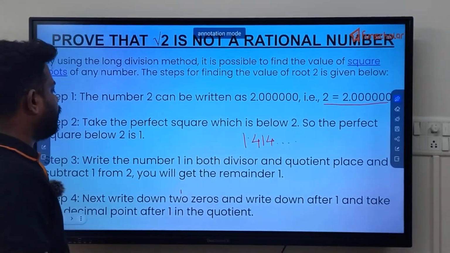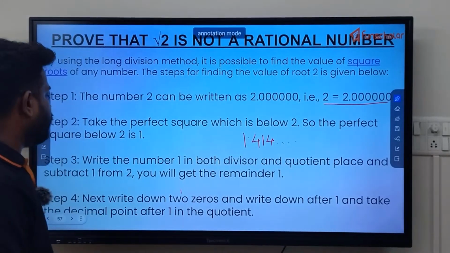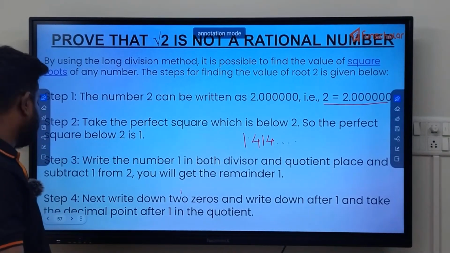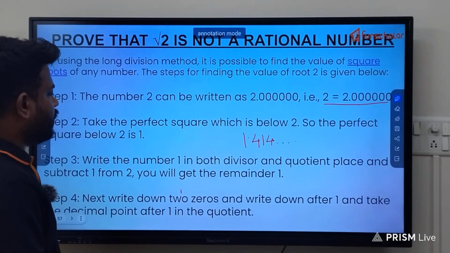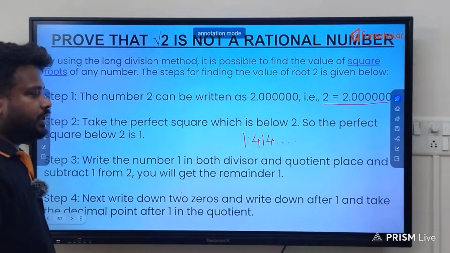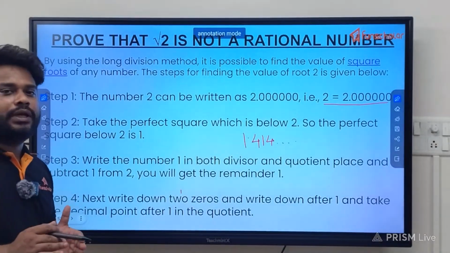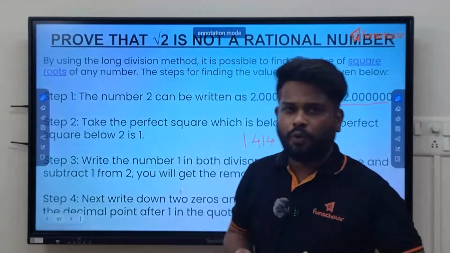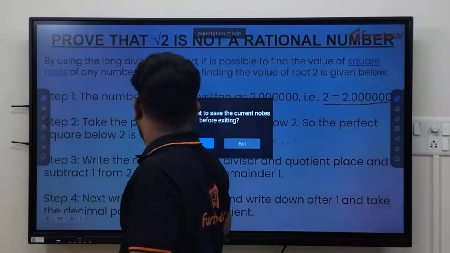Then write the number 1 in both the divisor and quotient place and subtract 1 from 2, and you will get remainder 1. Step 4, next write down 2 zeros after 1 and put the decimal point after 1 in the quotient. We did this in the previous section, and you can also do it at home in your copy, just like this. Next slide.